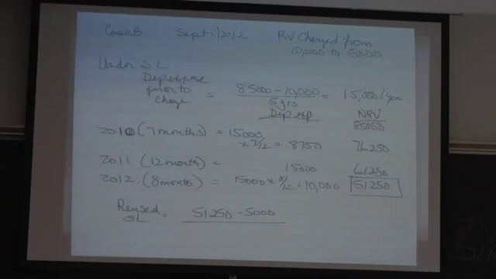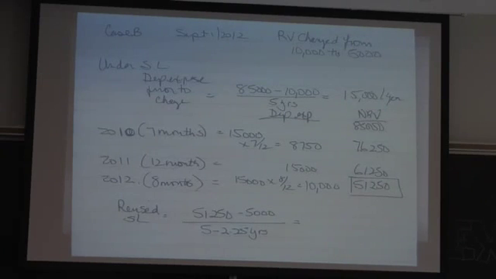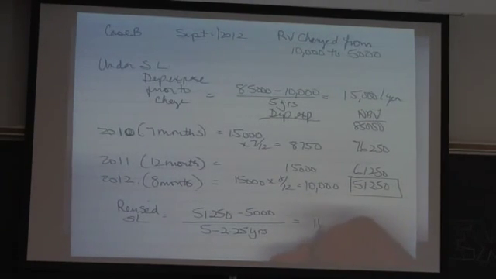And 27 months is 2.25 years. So it's going to be 5 less 2.25 years. Okay, so the amortization expense, the yearly, is 16,818.18 per year.